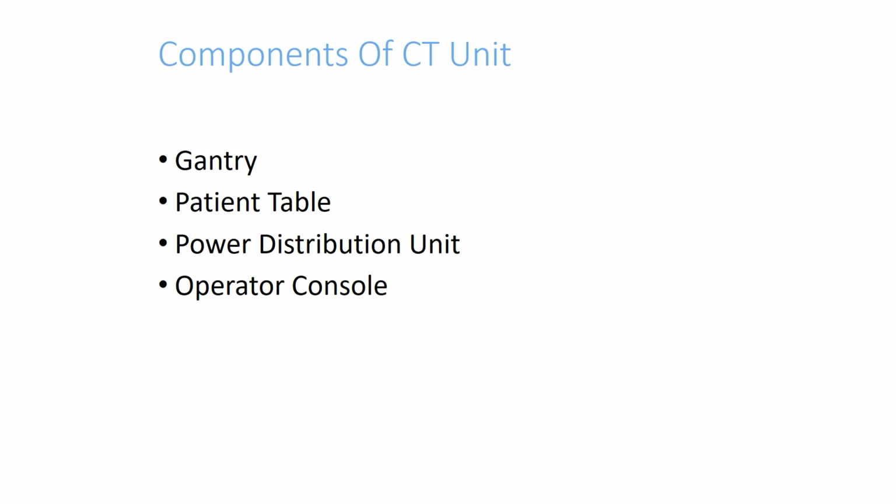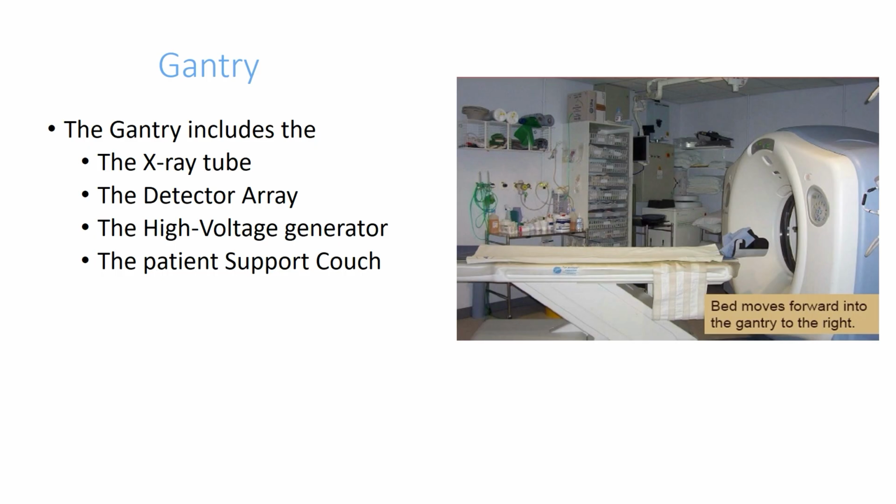Let us discuss the components of the CT unit. The CT unit contains the gantry, patient table, power distribution unit and operator console. These are the main components of the CT unit. Let us discuss each component one by one.